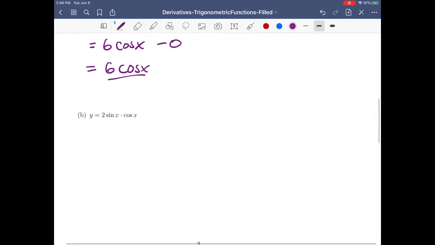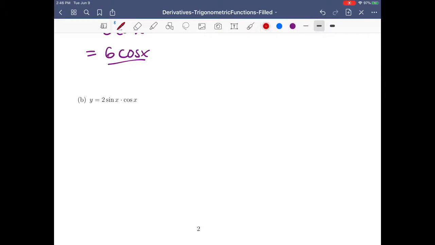For the next one, I have two functions multiplied together that both have x's, so I'm going to use the product rule. Maybe I have my u and my v. You can put the 2 with one of the functions, or you can pull it out completely and bring it in after. It's up to you. I'm going to include it with the sine x.